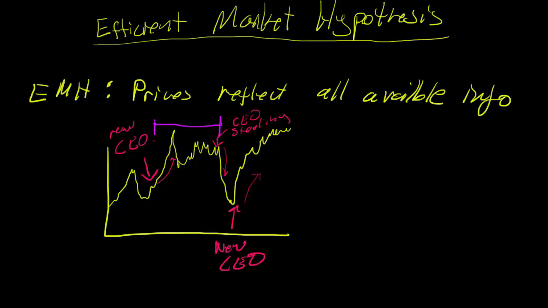What these shifts in prices reflect is the information that is available to all investors. Even though in this time period the CEO is actually stealing, we don't know that. Once the announcement comes out that the CEO is stealing, then we can make a reflection of our perception. And everybody sells. Right here, everybody sells. And so that's what's happening here. We are reflecting based on that information.